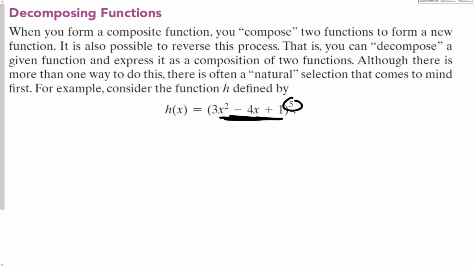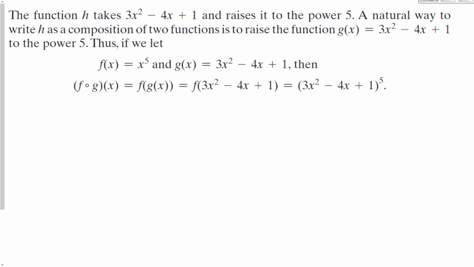Okay, so when you're decomposing functions, you basically want to look for x to a power and then some sort of algebraic expression. Okay, usually that's the easiest way to decompose a function. And we can do it here by making f of x equal x to the 5th, g of x is equal to 3x squared minus 4x plus 1.